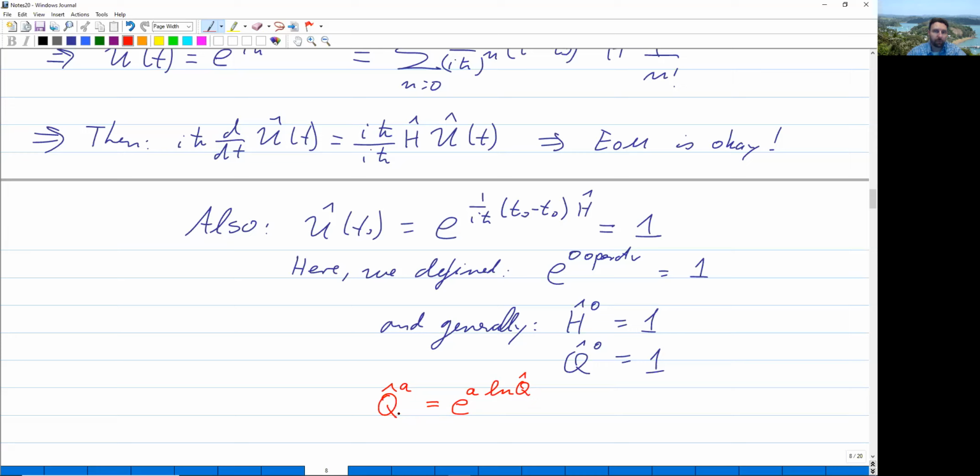This would be the way we do it if Q hat was a number. We do it the same way if Q hat is an operator. So what do we have in this case? If we want to calculate Q hat to the power 0, well then we have Q hat to the power 0 is equal to e to the power of 0 times an operator. Okay, now look at this. This is this, and therefore it is the identity operator. So this statement here is the same as these statements.